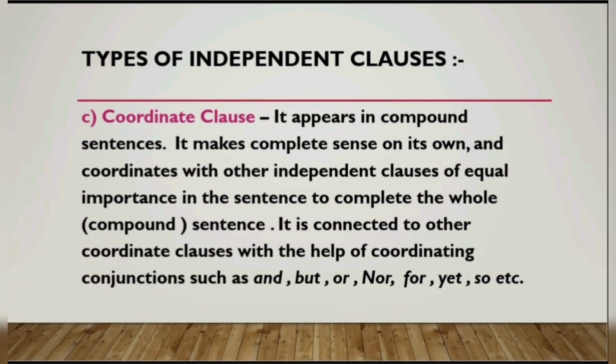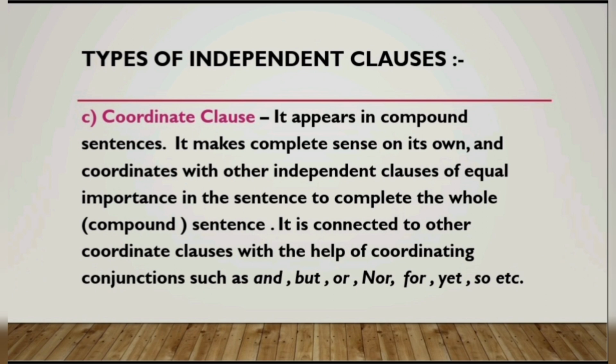The third and the last type of independent clause is a coordinate clause. It appears in compound sentences. So what are compound sentences? A compound sentence is a sentence that contains at least, it can be more, at least two independent clauses, joined by a coordinating conjunction like for, and, but, or, yet, so, or a semicolon.